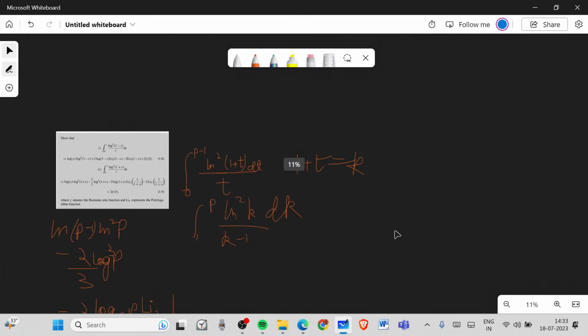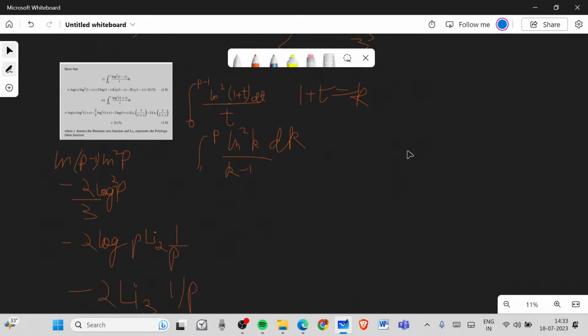Anyways, I remember that. Li_s(z) is z plus z square by 2 to the power s plus z cube by 3 to the power s. So basically we want z below, it's basically 1 by z plus 1 by z square 2 to the power s kind of thing.